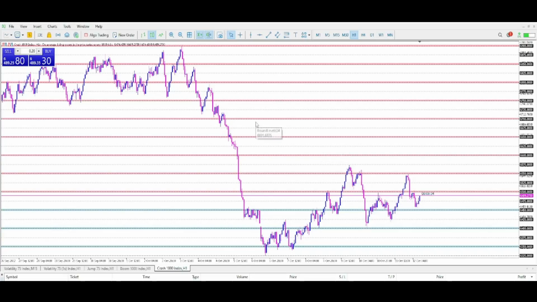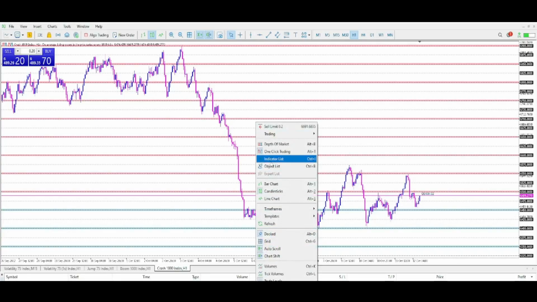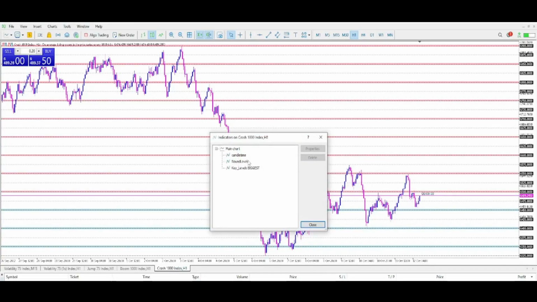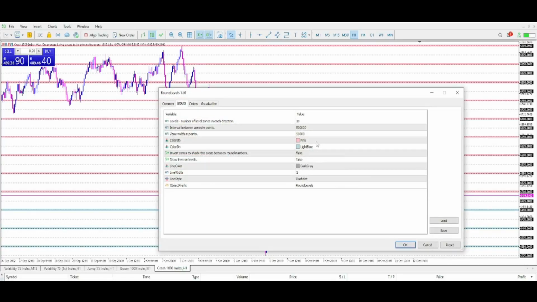Maybe settings. Let's look at settings before we go. I almost forgot. You'll find this indicator, Key Level Biggest, because I've customized it for Crash 1000, and round levels. Here my settings are 500,000 versus 50,000.